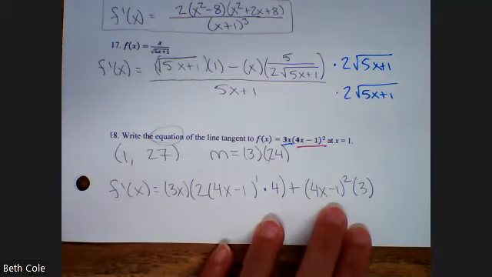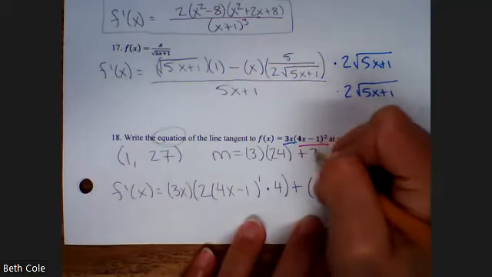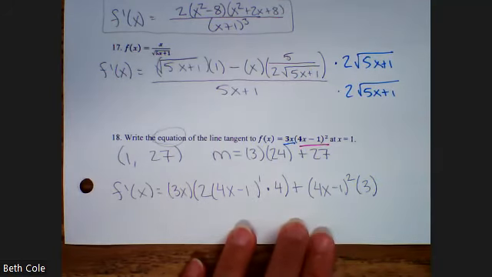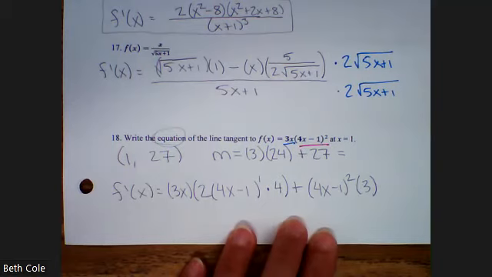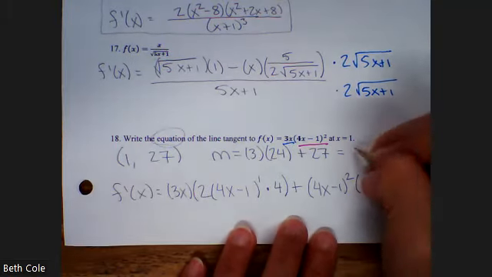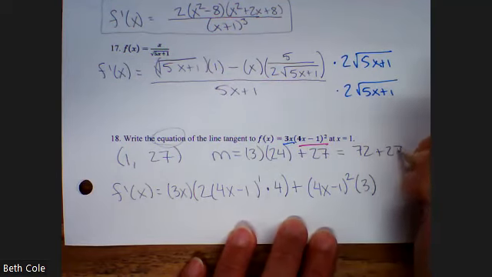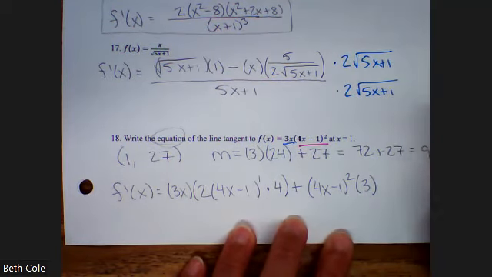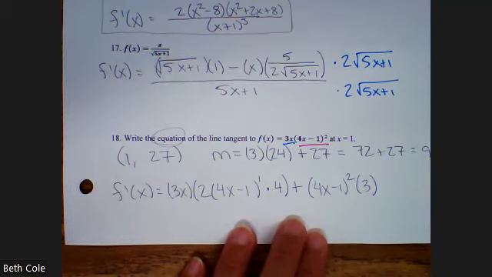And then what will that be? 3 squared is 9 times 3 is 27. Three times 24, what is that, 72? Plus 27, which weirdly is 99.